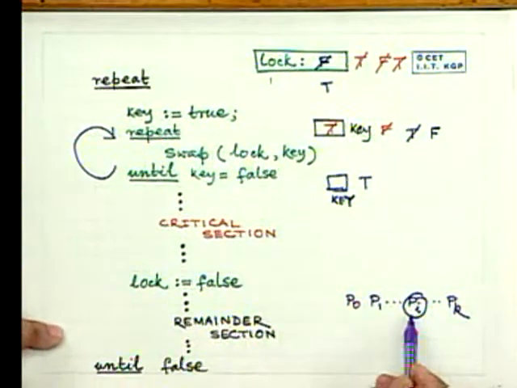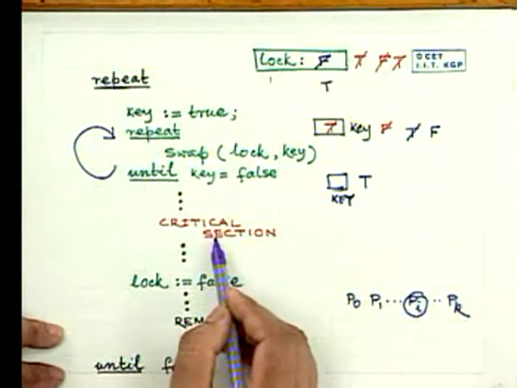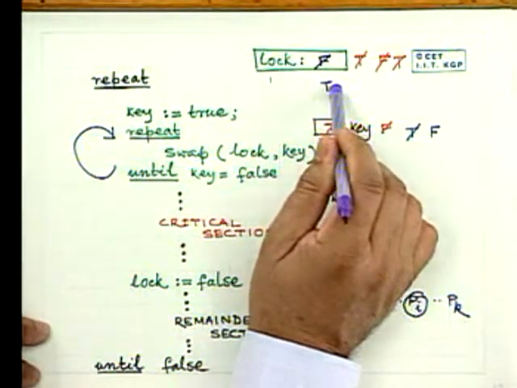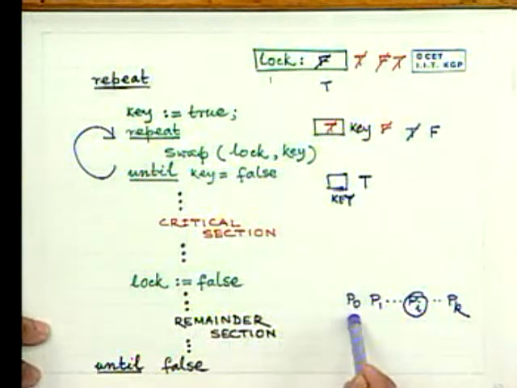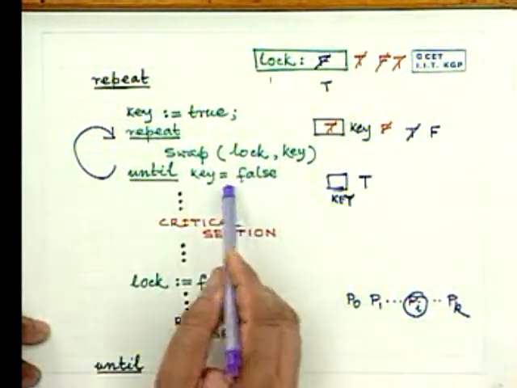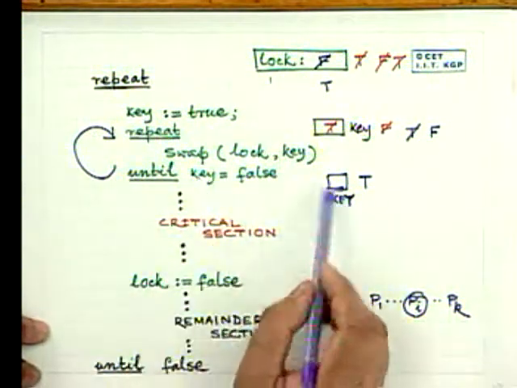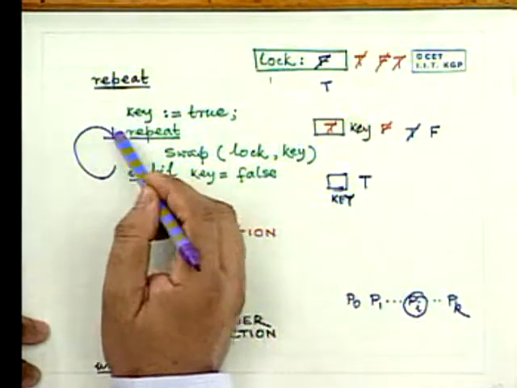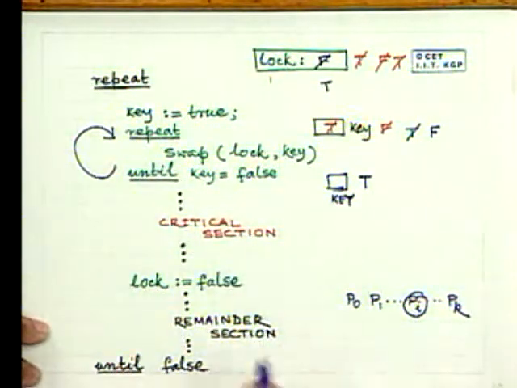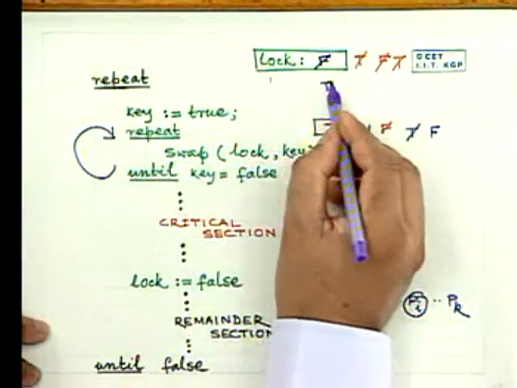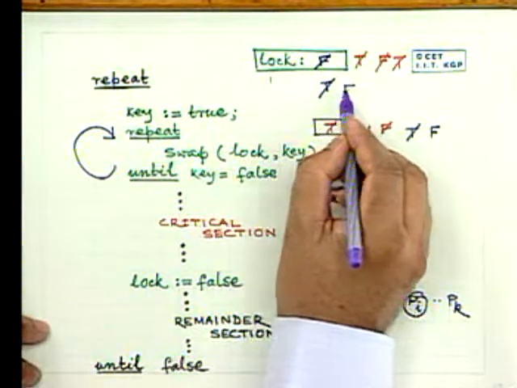Except Pi, which has entered the critical section and made this lock true, all other processes from P0, P1 to Pk will on swap find that key to be true, because true will be exchanged with true, and will busy wait here till Pi comes out of its critical section and makes the lock false.